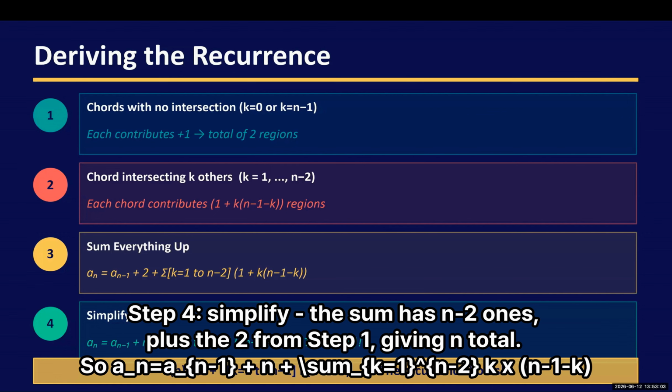Step 4. Simplify. The sum has n minus 2 ones plus the 2 from step 1, giving n total. So A sub n is equal to A sub n minus 1 plus n plus summation from k is equal to 1 to n minus 2, k times n minus 1 minus k.